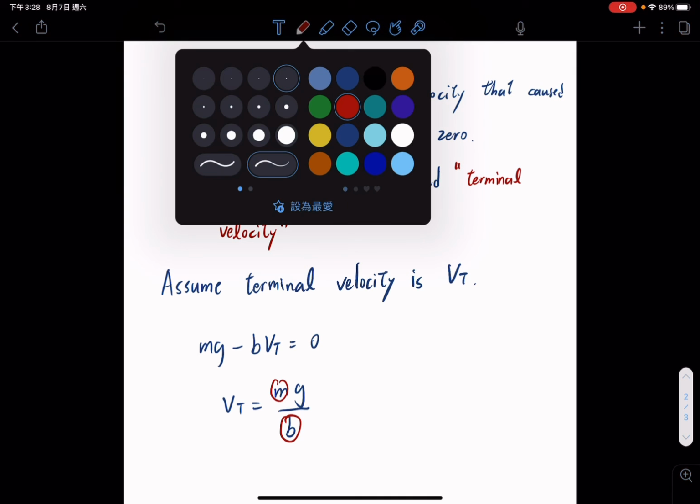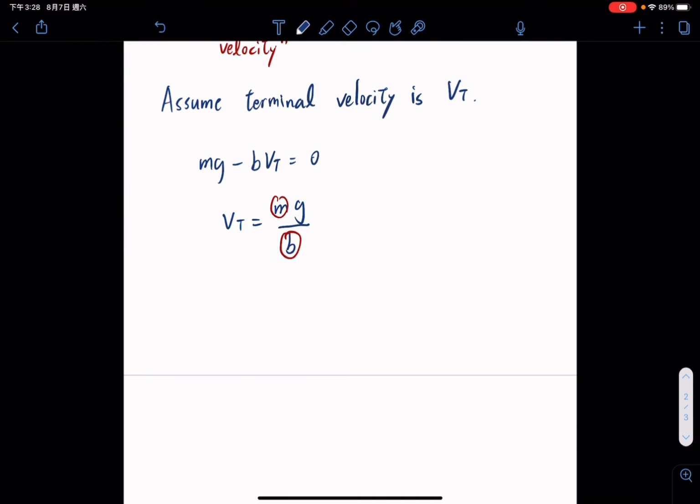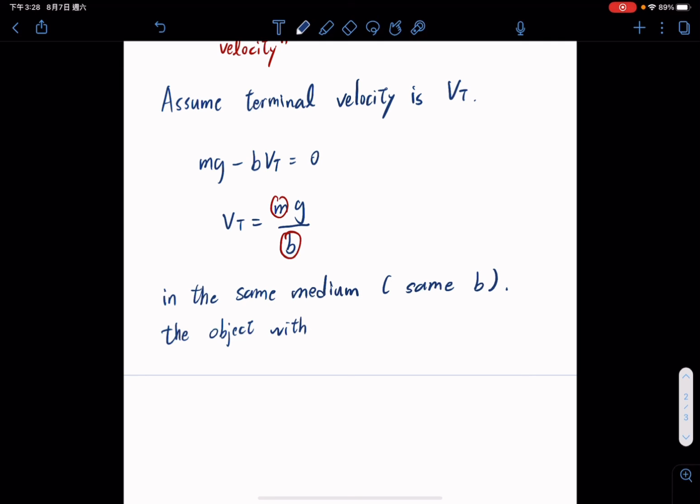In the same medium, which has the same b value, we can conclude that an object with more mass can have a larger terminal velocity.